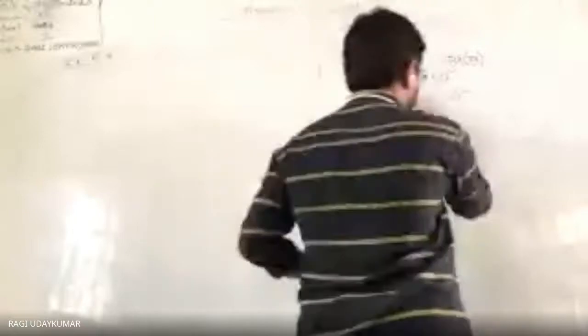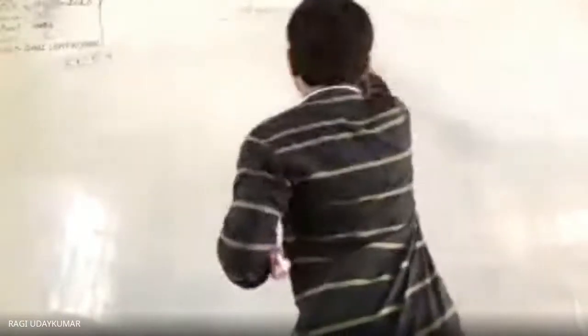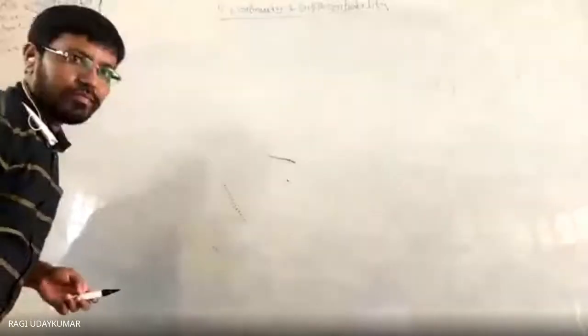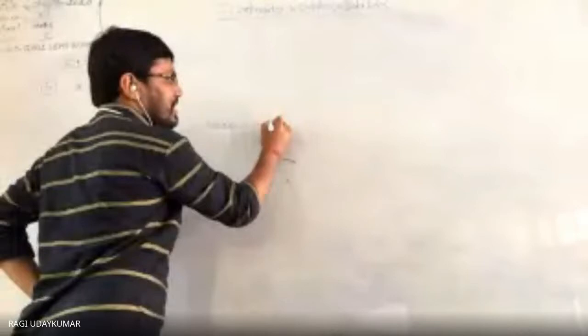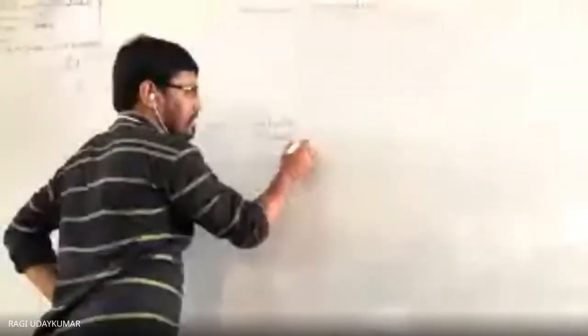Now the eleventh one, the half inverse. Do you remember the formula? In terms of tan, cos 2 theta is equals to (1 minus tan square theta) by (1 plus tan square theta).